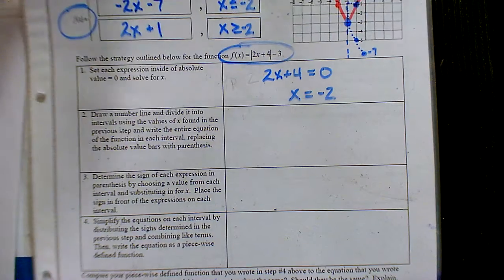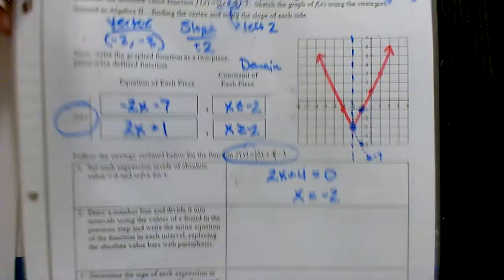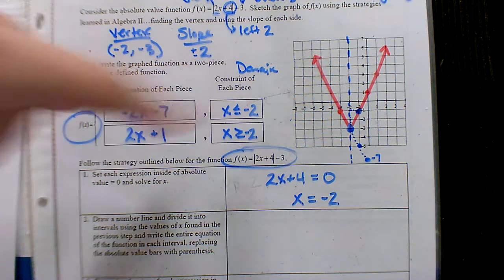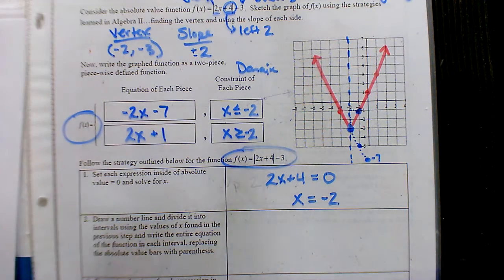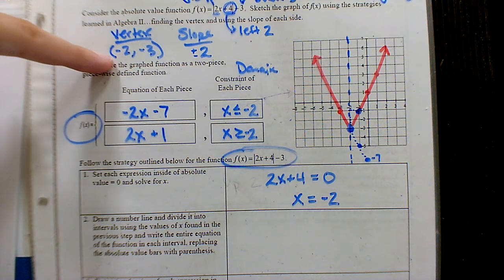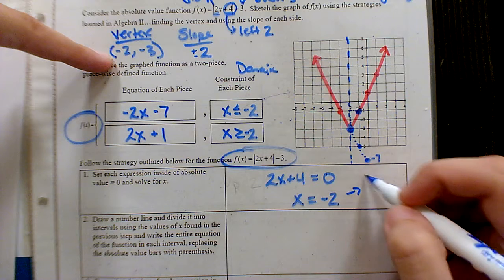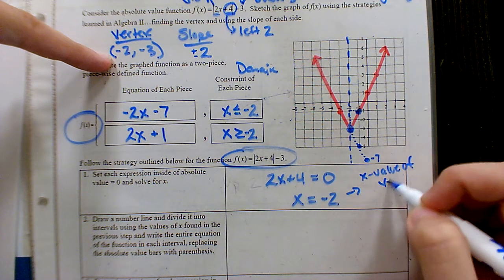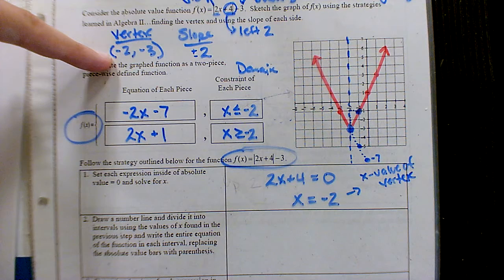All right, now let's see if we can make a connection here. Where did this -2 show up in either the piecewise function or the graph that we just did? What's that -2 representing? Okay, it's the x value of the vertex. That's where one line begins and the other one ends.